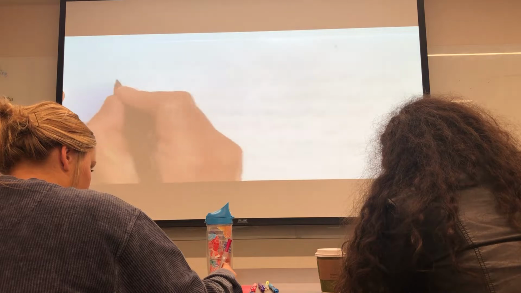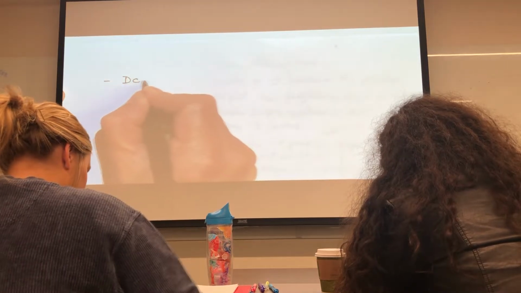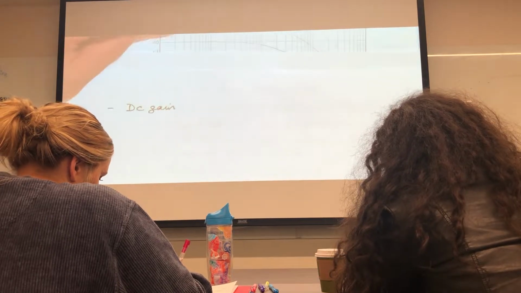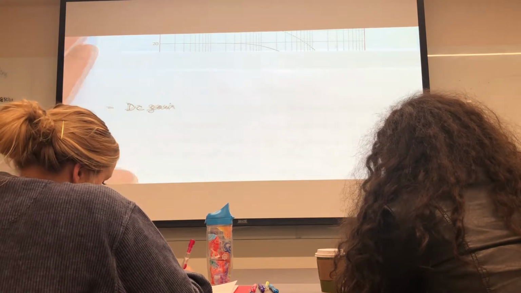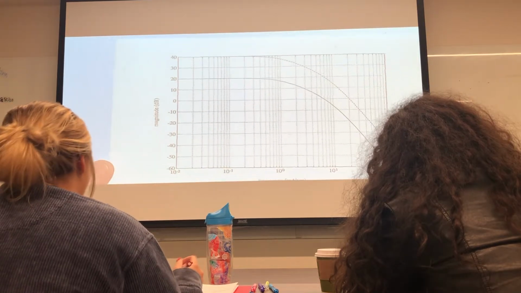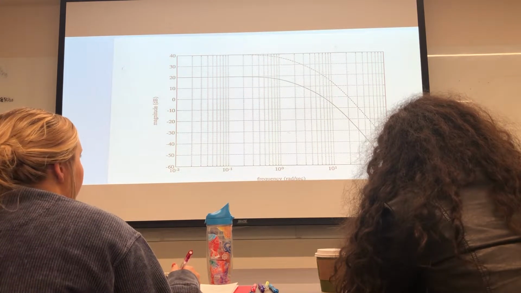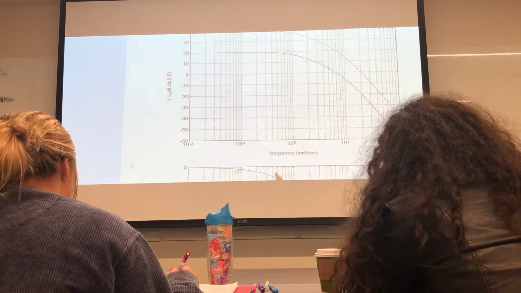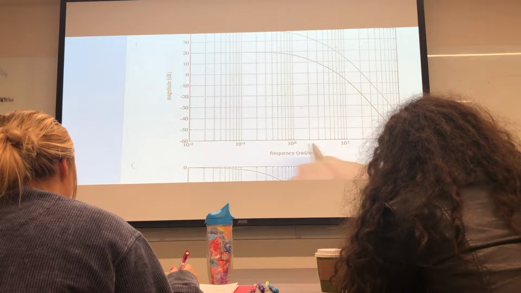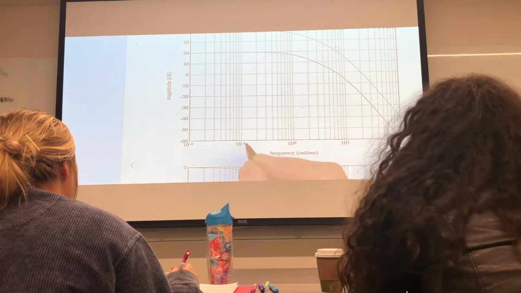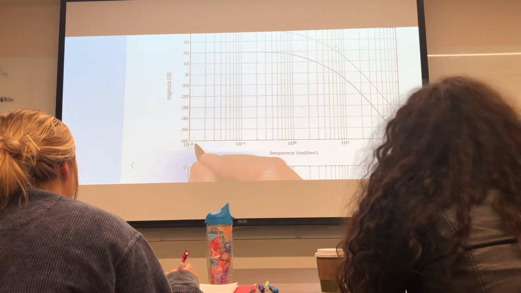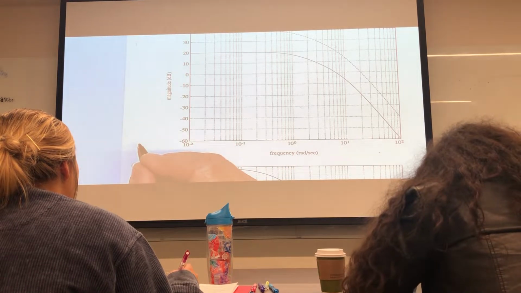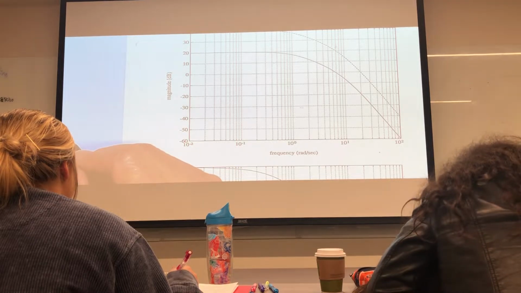Let's see what else we could determine. Can we determine the DC gain? DC gain says we need to look at the gain curve. Where's omega equal to 0? 1, 0.1, 0.01, 0.001, 0.0001.